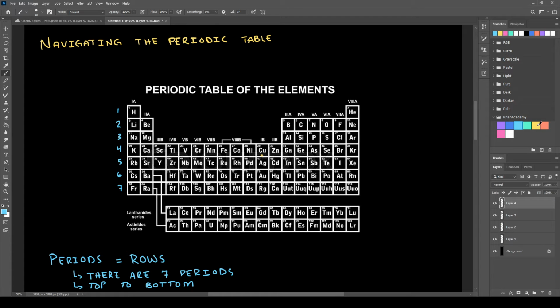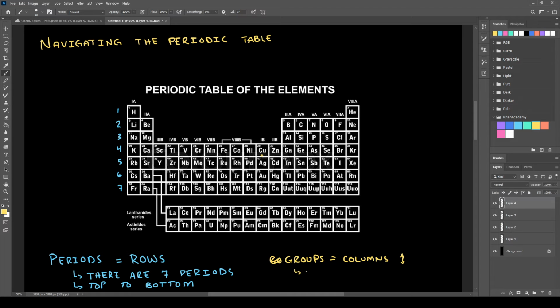The columns of the periodic table are called groups. So groups equals the columns. Remember that columns go up and down because columns are what hold buildings up. So I'll just draw a little up and down for that.